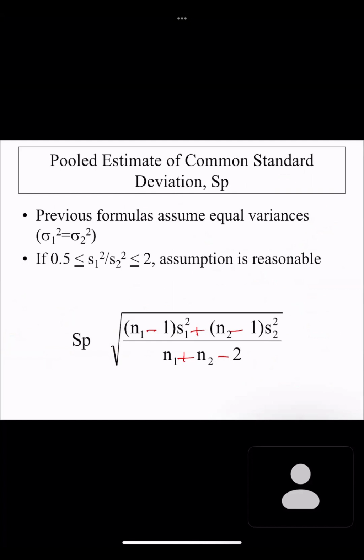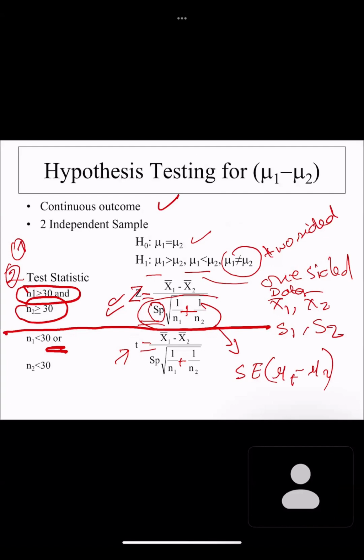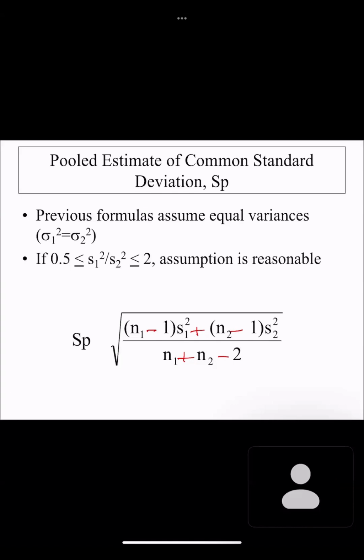So what's the sign of 1 over n1 in the previous slide? Plus. Okay, it's plus, I didn't notice, sorry. No problem. I really apologize because I checked the handout yesterday and all the signs are there. So s pooled equals n1 minus 1 times s1 squared.